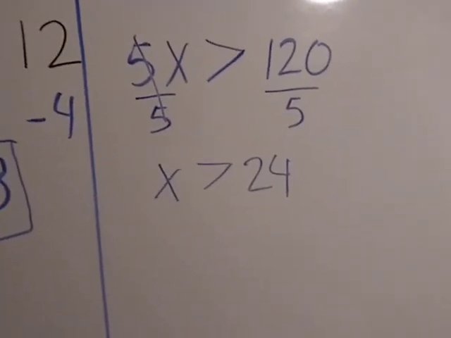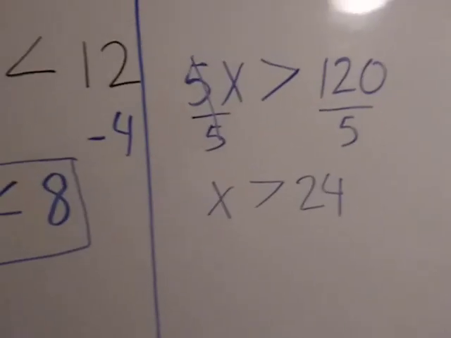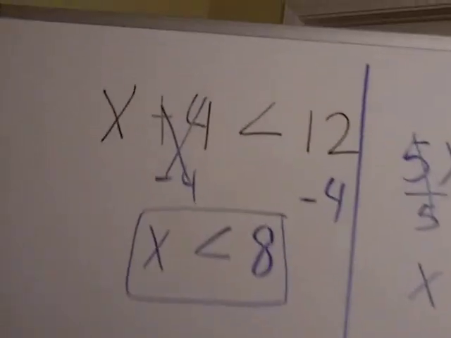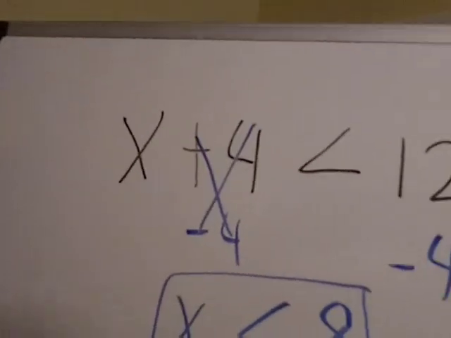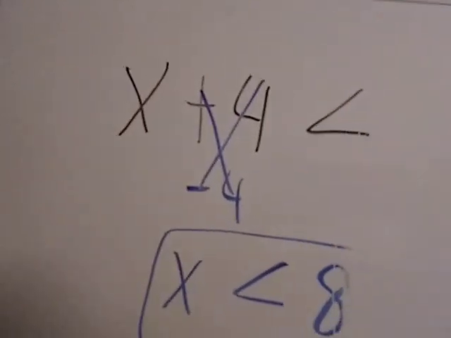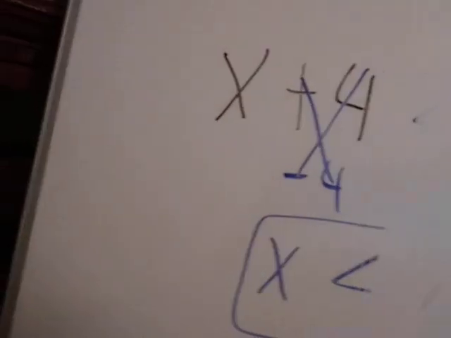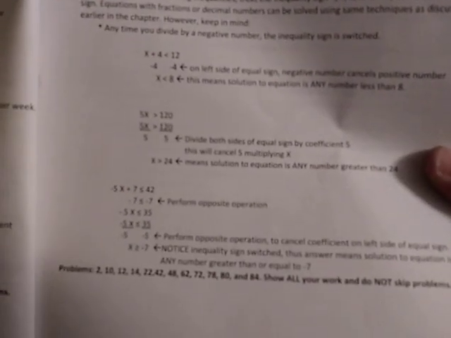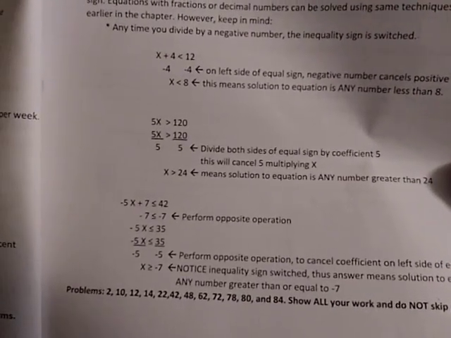Okay, so I'm going to erase the problem so I can show you guys another example as well. The next problem that we're going to be looking at is dealing with inequalities that have a negative.